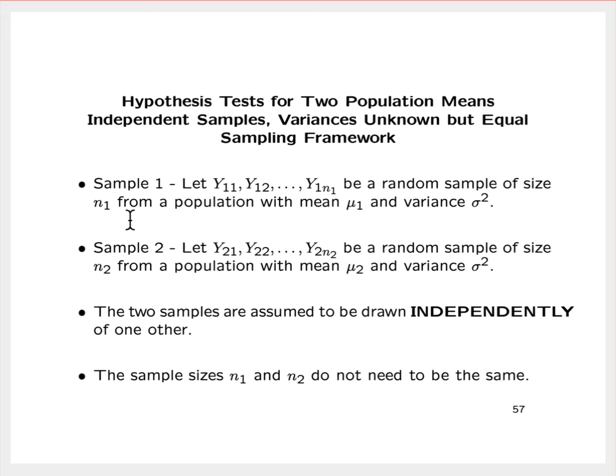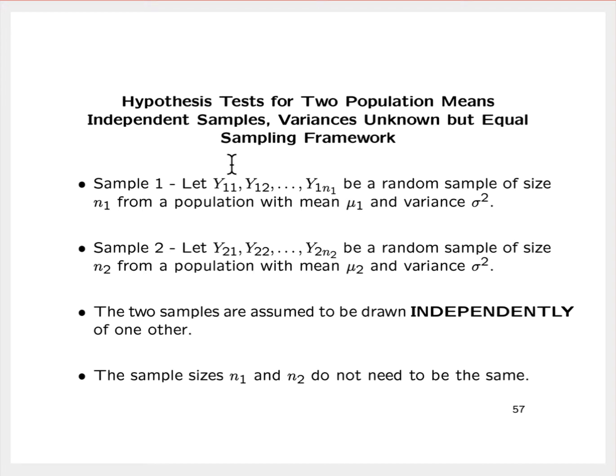We're going to let y denote the random variables for the observations in the two samples, and to distinguish between the two samples as well as the observations within a sample, we're going to use double subscripting. The first subscript will indicate the sample, and the second subscript will indicate the observation within the sample.